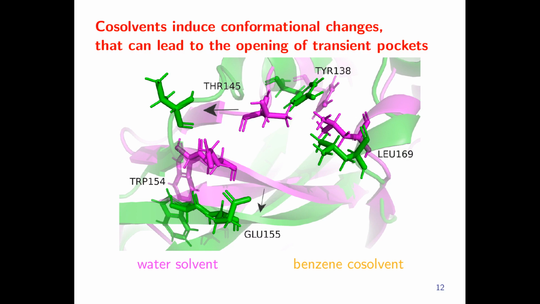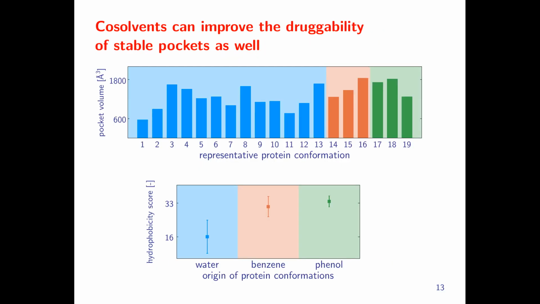As a comparison, we have calculated some pocket description metrics for pocket number 4, so for the stable pocket as well. On the top, you can see pocket volumes calculated for all conformations. It can be seen that a non-zero volume is observed for all conformations, verifying that this pocket is indeed stable.